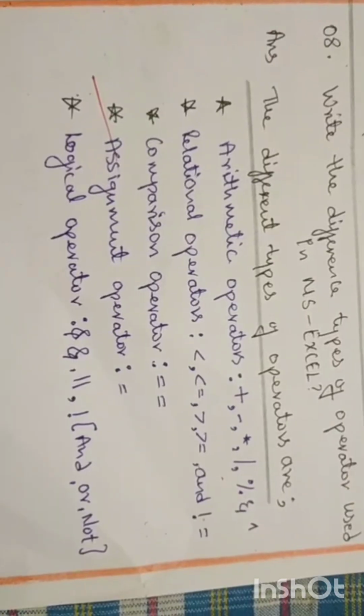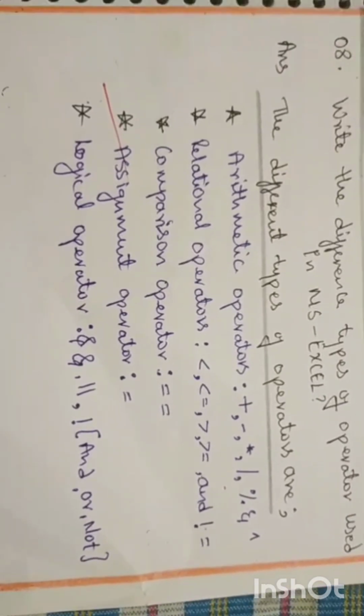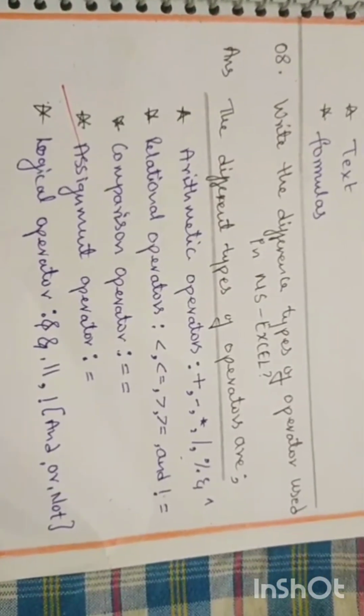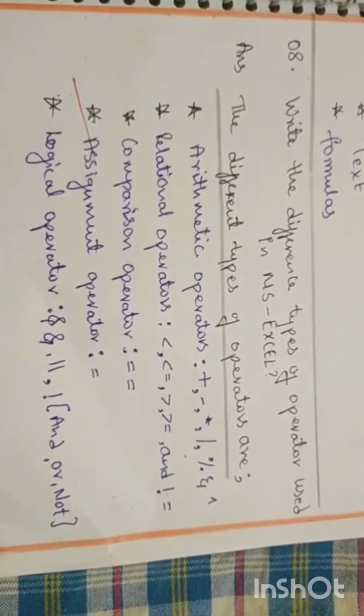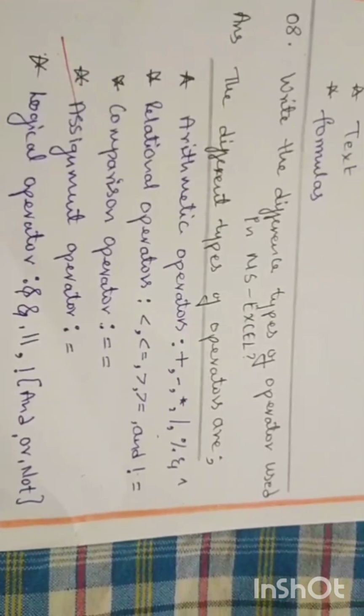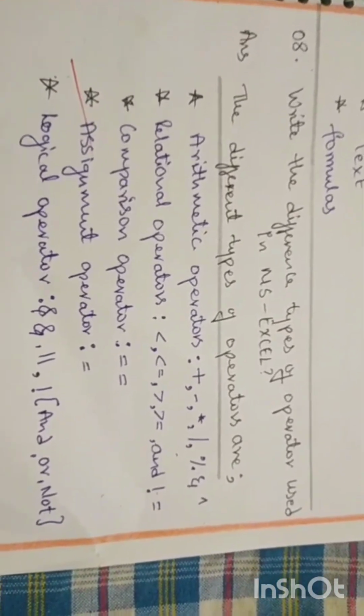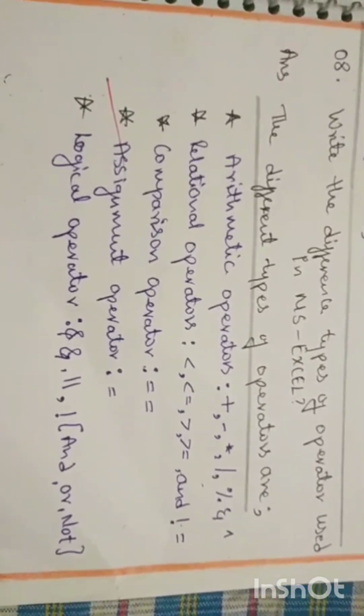Comparison, assignment operators, logical operators: and, or, not, and the IF function, OR function, which I'll explain in upcoming videos. So first, to collect the basic knowledge of Excel, we should know these basic concepts.